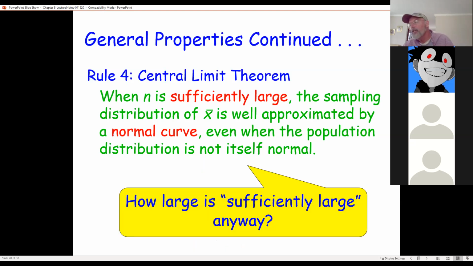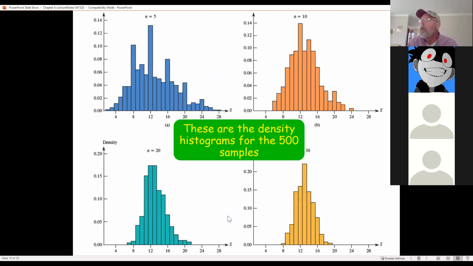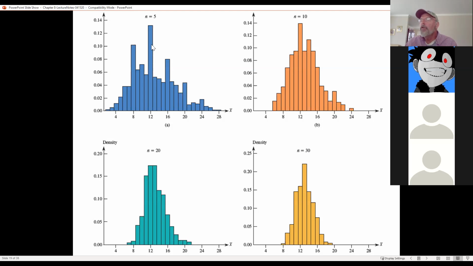So how large is sufficiently large anyway? Well, if we go back to this picture here, I would suggest to you that sufficiently large is n equals 30. This one here has a hint of it. It is also skewed, and of course the first one is very like the population distribution.